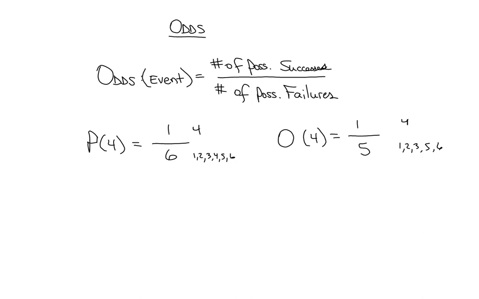Okay? Do you see how to get this number 6 from the odds? Probability is number of possible successes over the number of possible outcomes. This number of possible outcomes is really successes plus failures. Right? Isn't that the total number of outcomes?